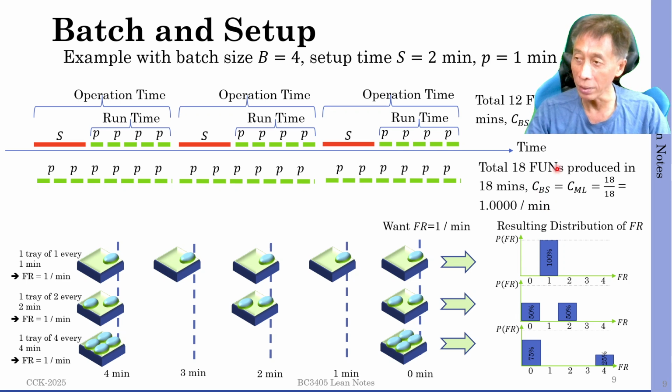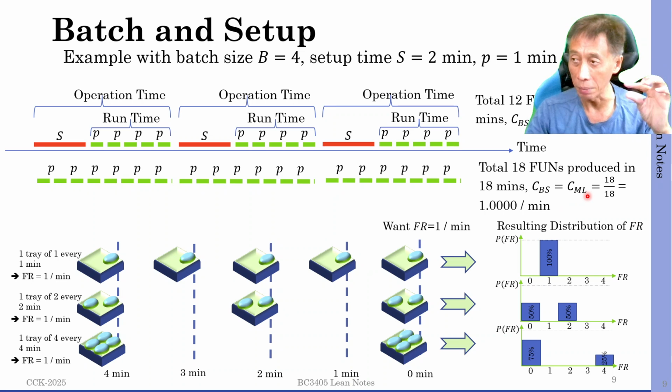So comparing these two, you can see that the presence of setup time only serves to decrease the effective capacity. I call this the CBS, capacity in the presence of batch and setup. Whereas this original resource capacity, I don't want to call it original, it sounds like we are faking. So machine label.